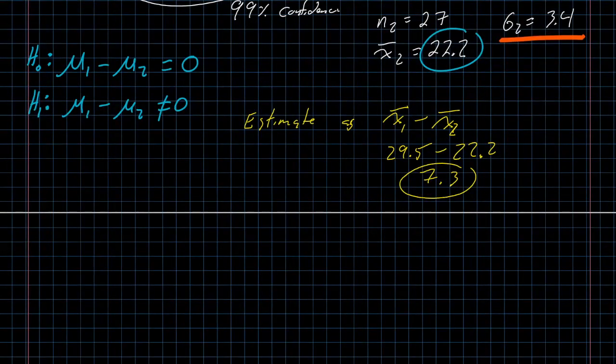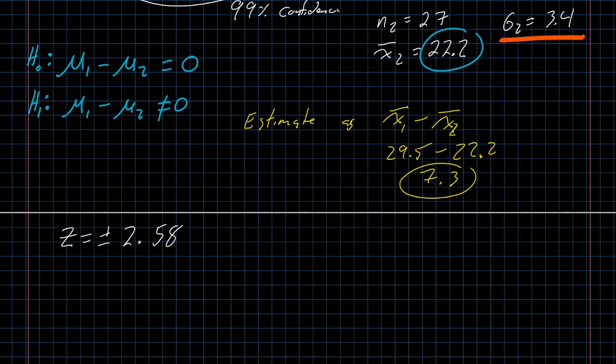They just show up that often. So our z-scores in question are plus or minus 2.58.